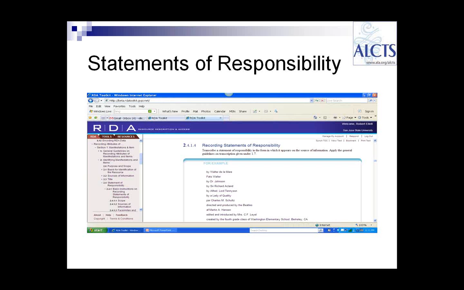So you can have words other than by and the actual person's name. So the instruction in RDA guideline 2.4.1.4 indicates to transcribe a statement of responsibility in the form in which it appears on the source of information. Apply the general guidelines on transcription given under 1.7. 1.7 is what I just talked about, where take what you see is the basic gist of that.